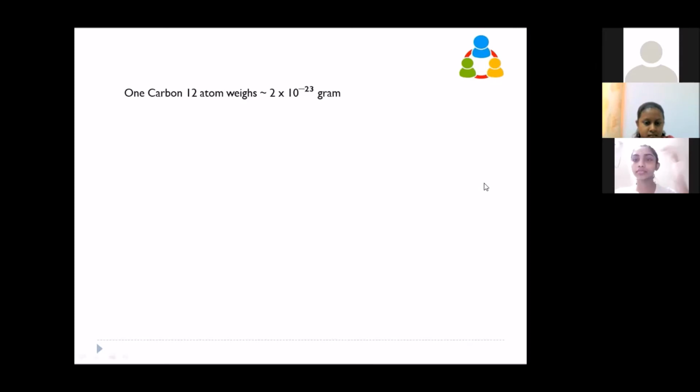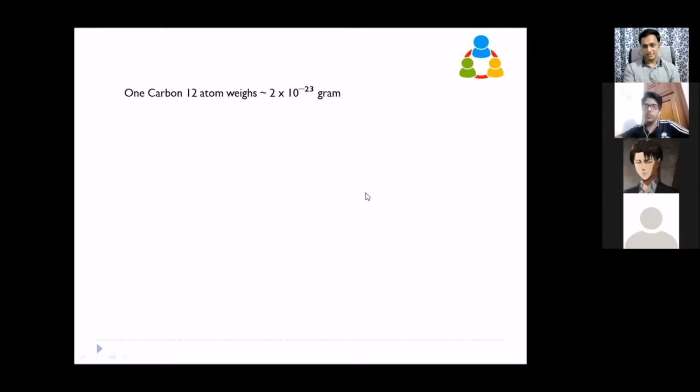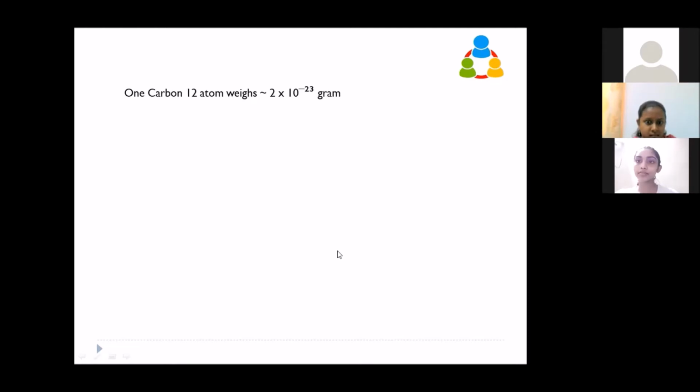There are some other forms which have some other structure, so carbon-12 is the name of that specific stuff in the periodic table. One atom of that weighs 2 into 10 raised to minus 23 gram. So the question is, how many atoms are there in 12 gram of carbon-12?